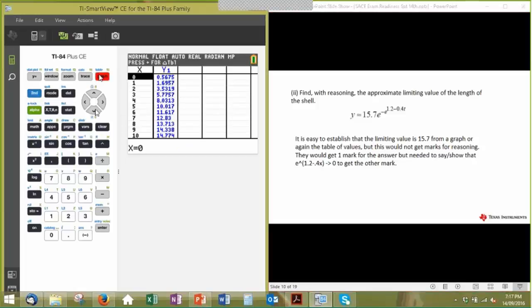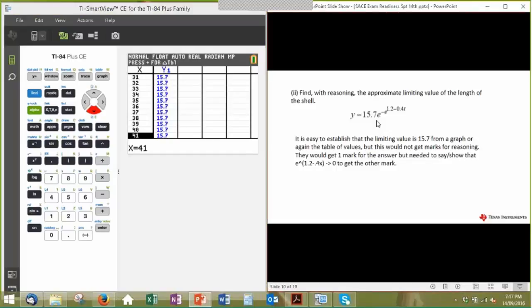If you look at your table of values, you will see that it fairly quickly approaches 15.7. You need to get students to be able to play around with this enough. Clearly 15.7 is going to be the value, and they can look at this function over here and say, well, why is it 15.7?